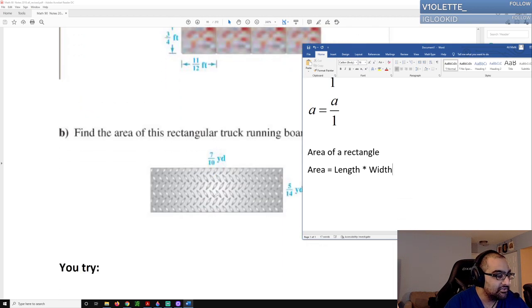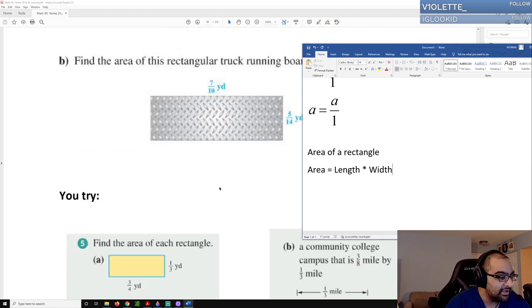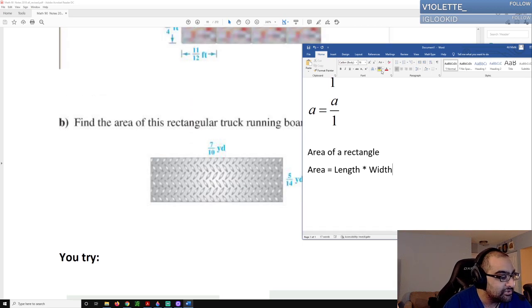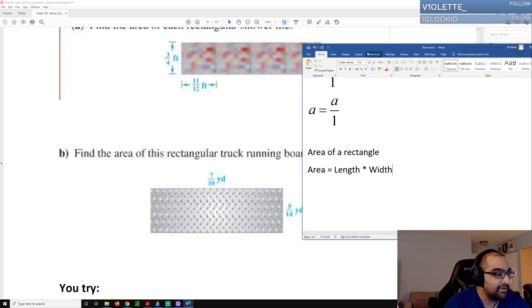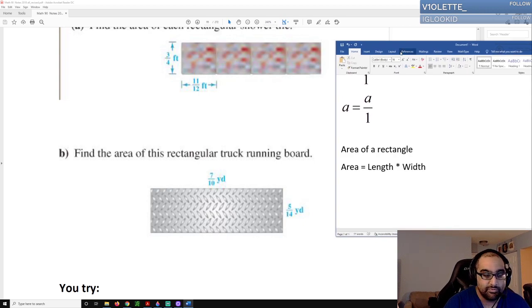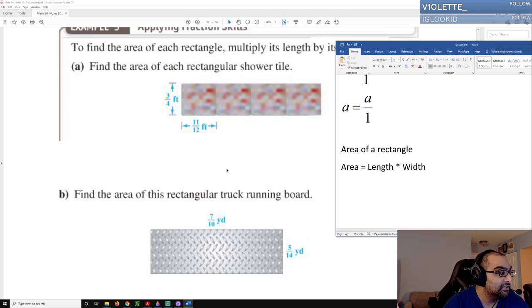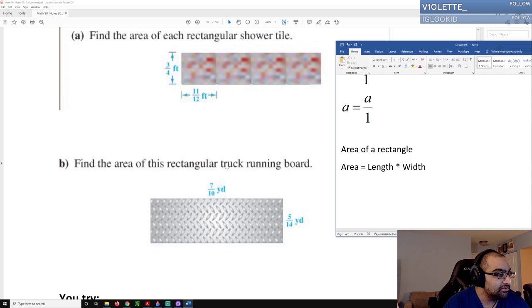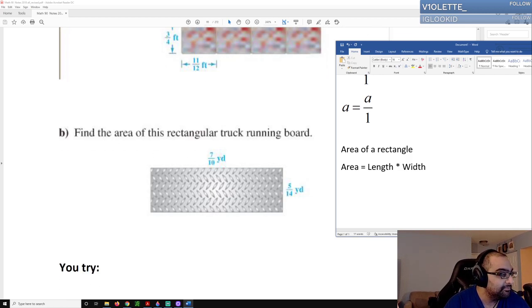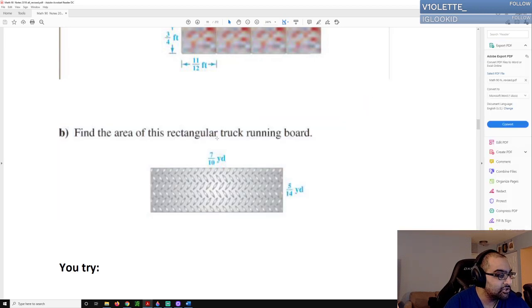Let's go ahead and take a look here at an example or so. Okay, this time maybe not with whole numbers, but maybe with fractions. Let's look at letter B. Find the area of this rectangular truck running board.